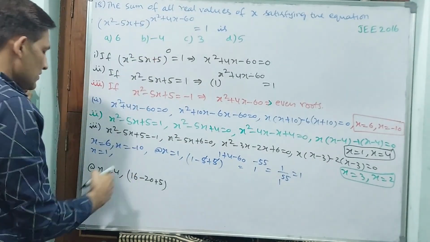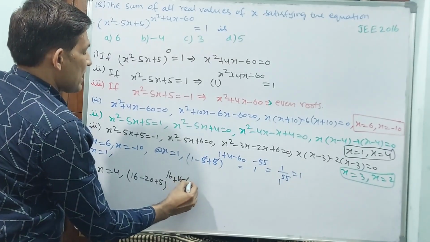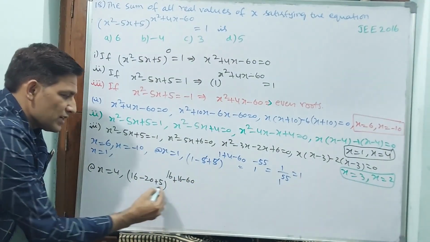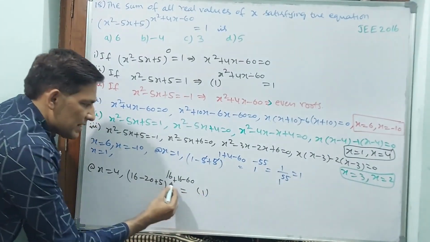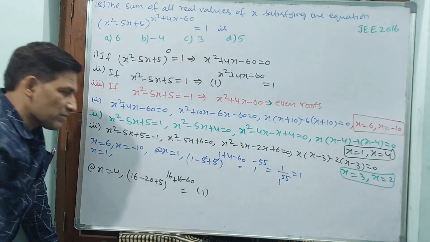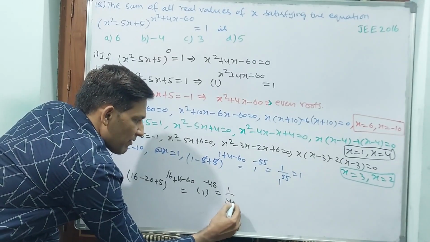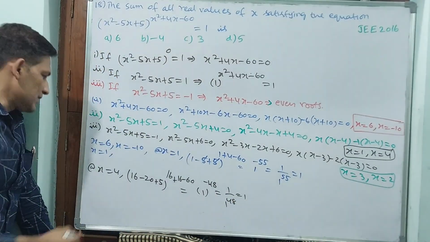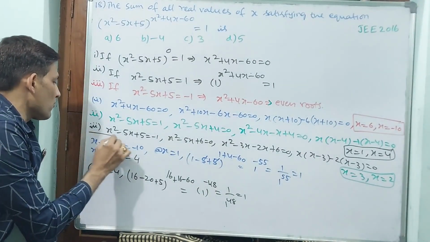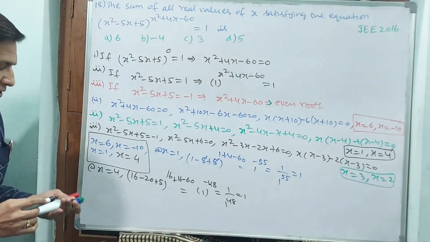Power, 4 square 16 plus 16 minus 60. 16 plus 5 is 21, 21 minus 20 is 1. 1 power 32 minus 60, minus 48. This is also, shall I write 1 by 1 power 48, that is equal to 1? Definitely. That means x is equal to 4 is also okay. Until now 4 roots have come.